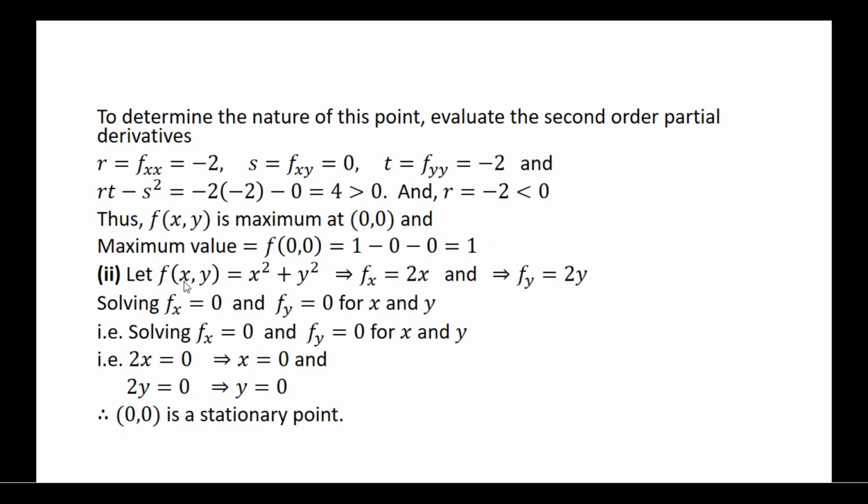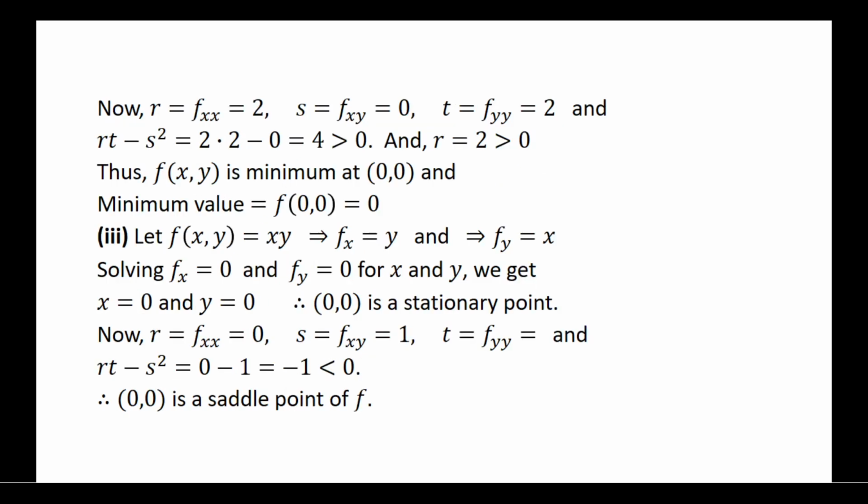Next problem, we have to find the extreme values for this function, x square plus y square. Follow the same procedure. First of all, find the first order partial derivatives and equate them to 0 to find the stationary point. Here the stationary point is 0 comma 0. Now find the second order partial derivatives r, s and t. r is 2, s is 0 and t equals 2.